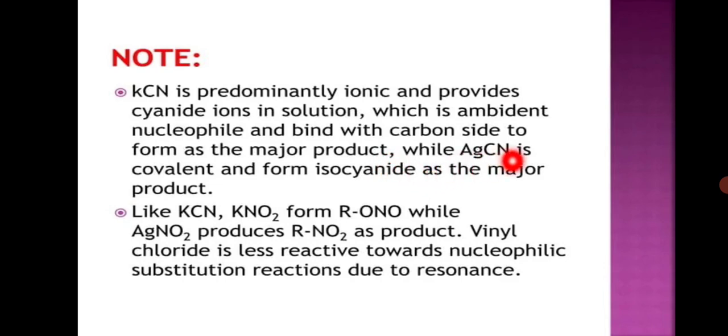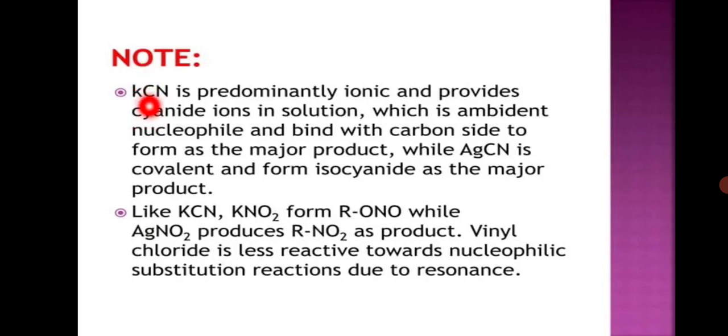While AgCN is covalent and forms isocyanide as the major product, since its covalent nature doesn't break the Ag and CN bond, whereas KCN breaks up easily.